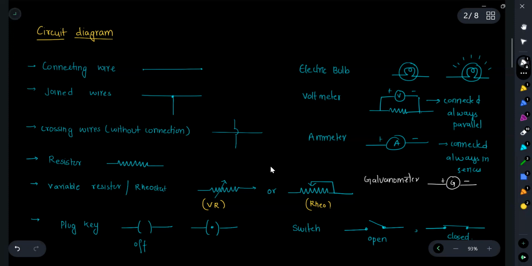सबके uses पढ़ेंगे. Then I might have missed a cell and a battery. So a cell, the longer line is the positive terminal, the shorter one is the negative terminal. Then if there are two cells in series, it is a battery with two cells.